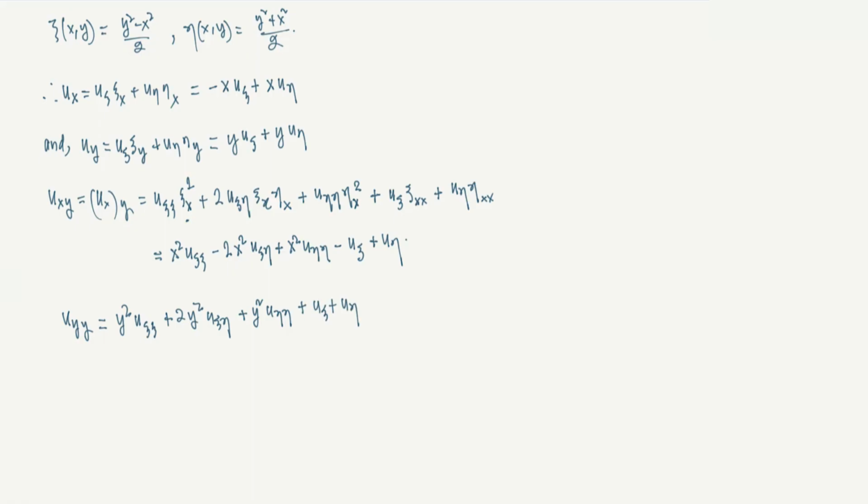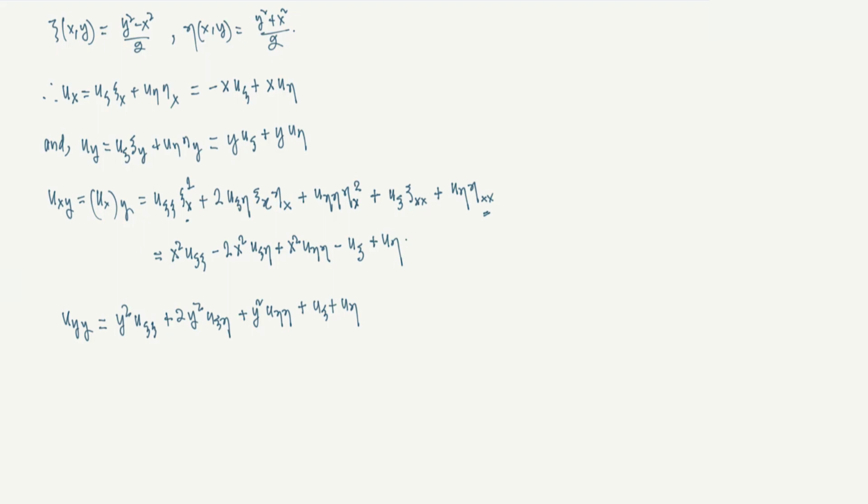Essentially this whole expression, uyy, will also be a similar expression except that x is replaced with y. That's all. So now you got uxx and uyy.